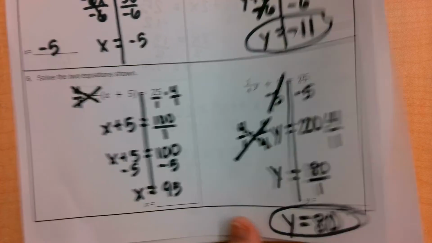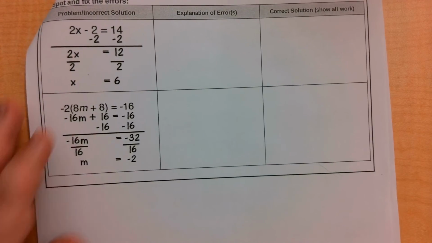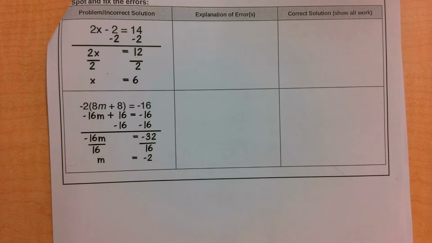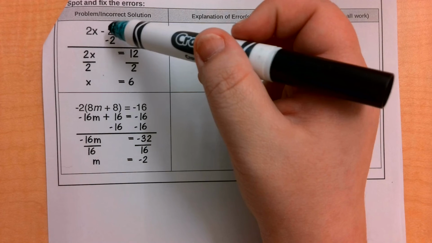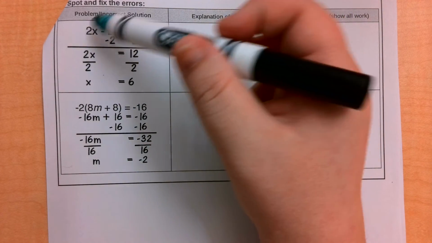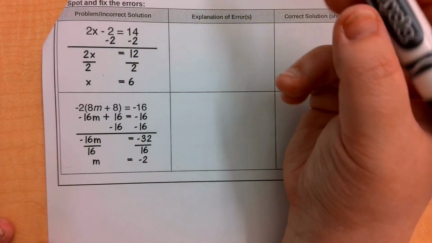All right, one last page. We have to find the mistake. All right, so first I like to solve it. But you could look for the mistake first. Over here, it says there's no parentheses, so I add or subtract first.